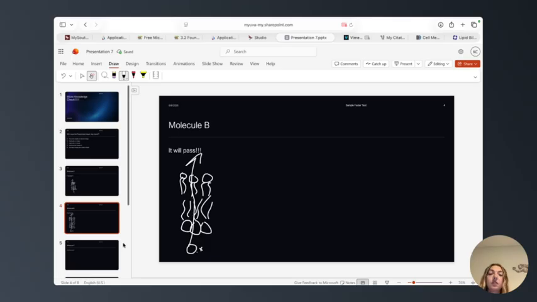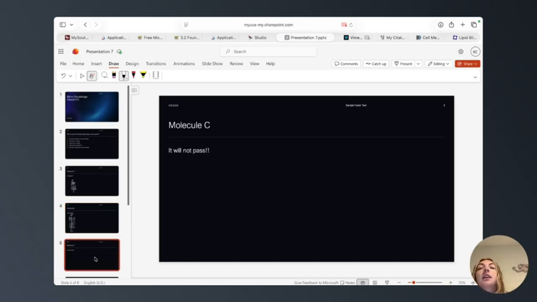So molecule C is large, polar, and no charge, but the size is really going to impact this one. Molecule C cannot pass through. So we're going to show you what molecule C will do. So we have the heads, and now I'm drawing the tails.